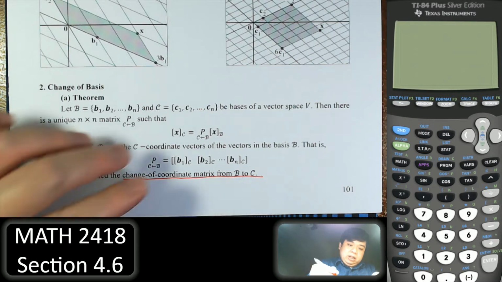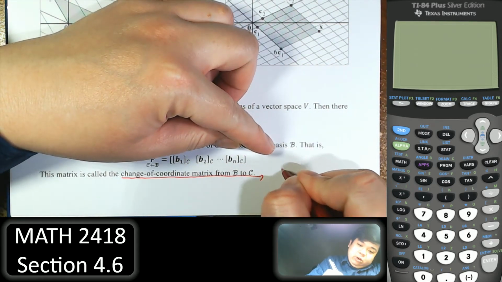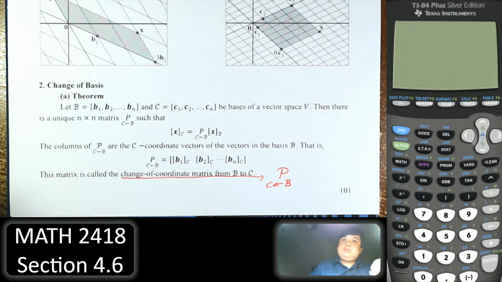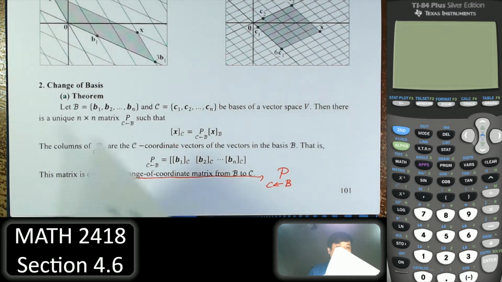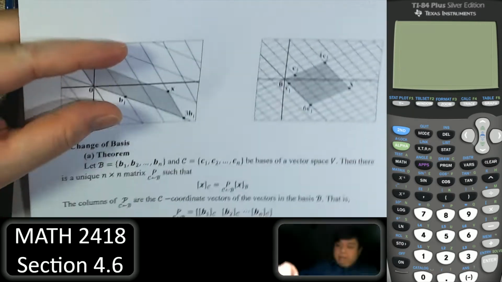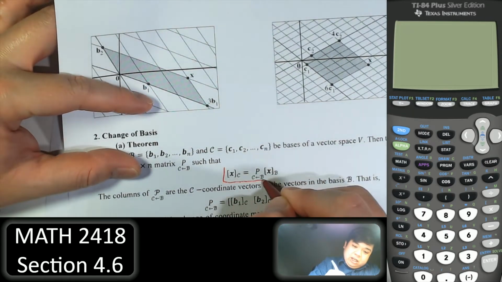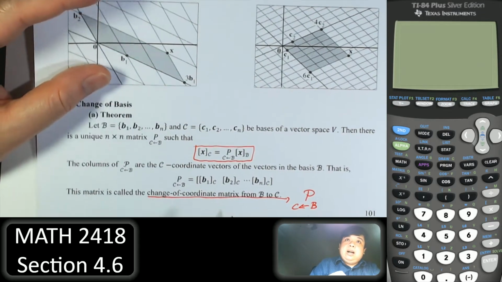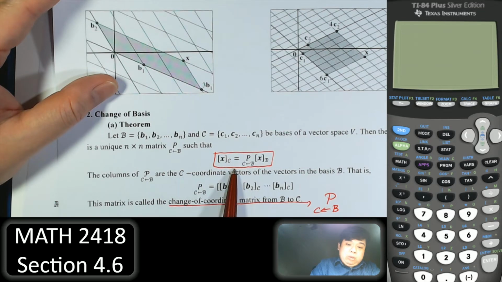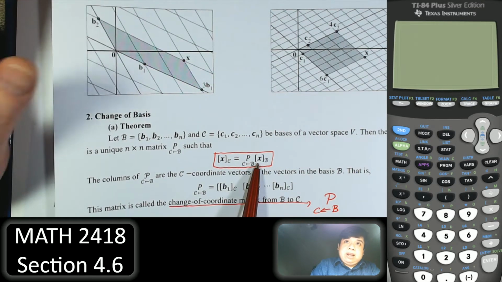So once again, we write P from B to C. Of course, when we have that, we can say x in C coordinates is equal to the change of coordinate matrix from B to C times the B coordinate of x.